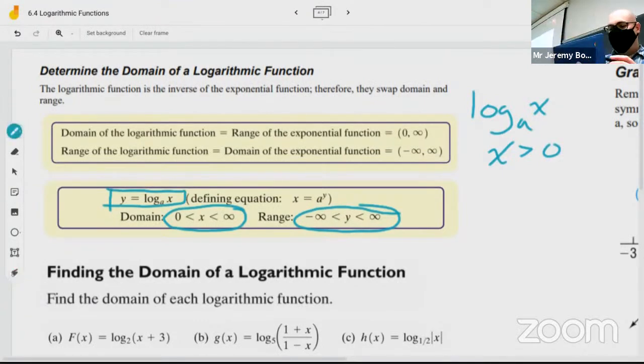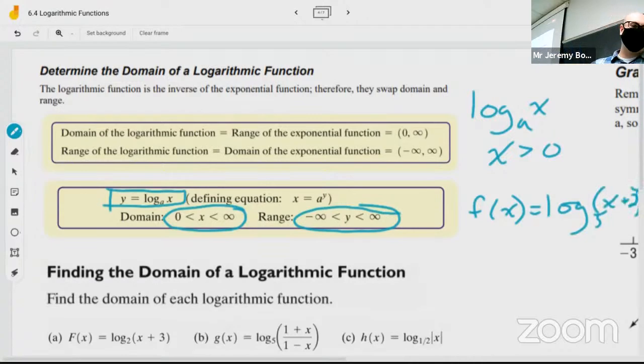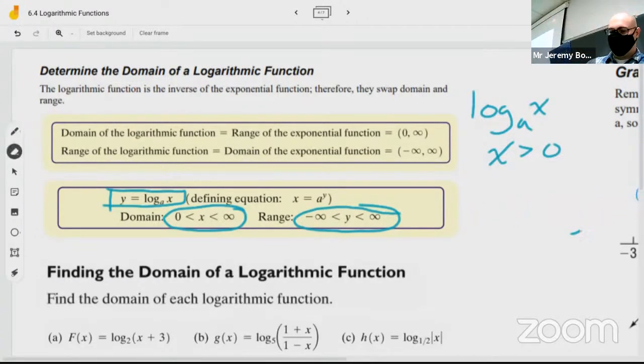Now, if our function is a little bit more complex, so f of x is log base 5 of x plus 2. I'm going to rewrite that because it's kind of there.